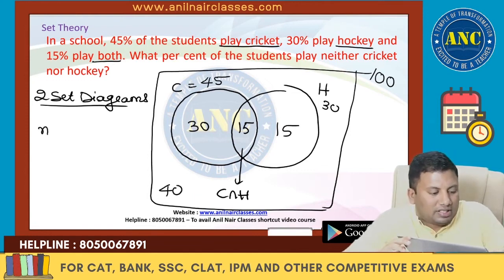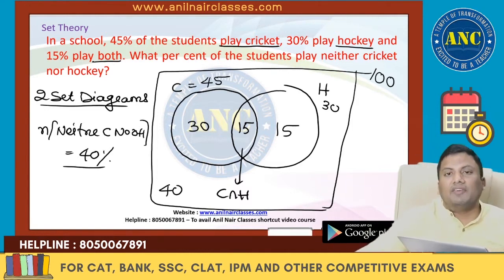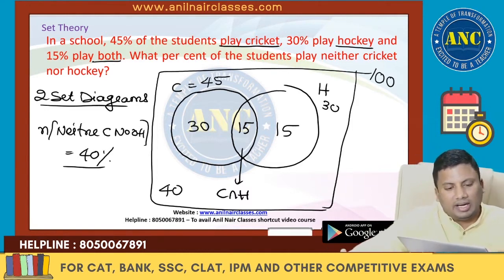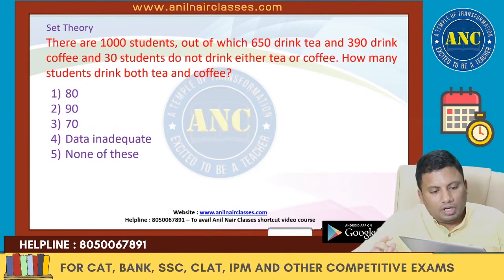The percentage of people who play neither cricket nor hockey is 40%. I hope the application is very, very easy. You don't need to draw diagrams. These are all foundation questions. Then slowly I will get into it.